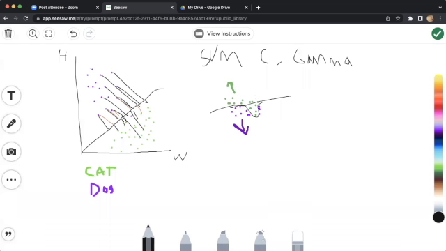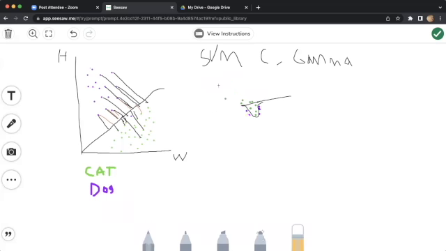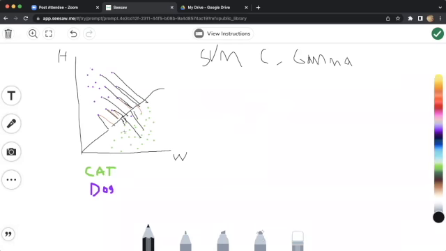So that is what gamma does. And what C does is C determines how it essentially boosts the accuracy of the model. C is another of those things where if we have high C, we're going to draw the line very much tailored to the actual data.